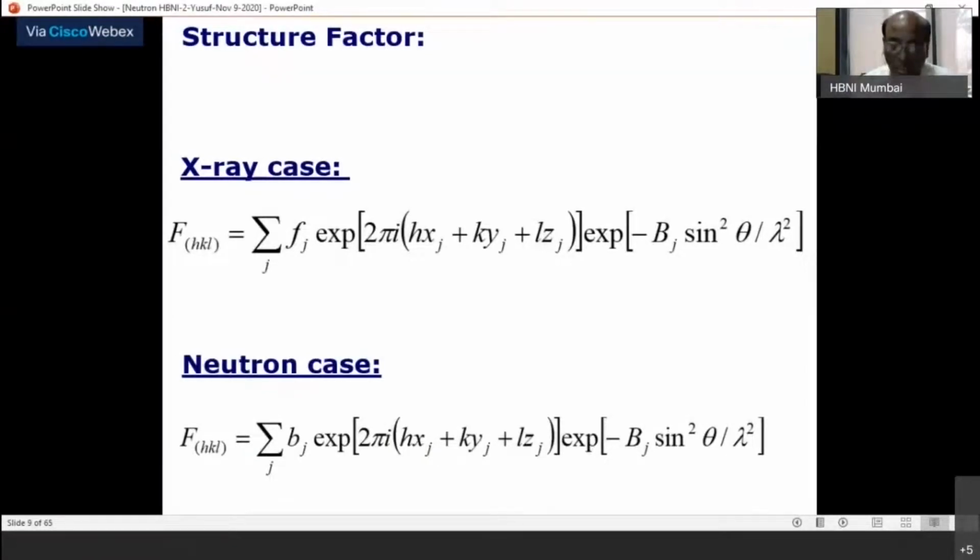What I mean by that, let us say you are talking about MnO. Manganese is magnetic, oxygen is non-magnetic. So-called non-magnetic means nothing is truly non-magnetic, it's a diamagnet. Okay, so there is no ordered moment. Now in that case, you will count not only all the manganese, wherever they are sitting in the unit cell, you will also count all the oxygens, because you are talking about the scattering of neutrons due to the nucleus.